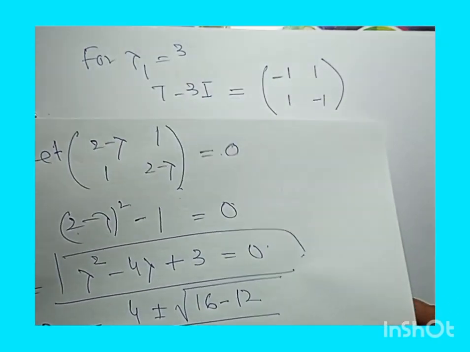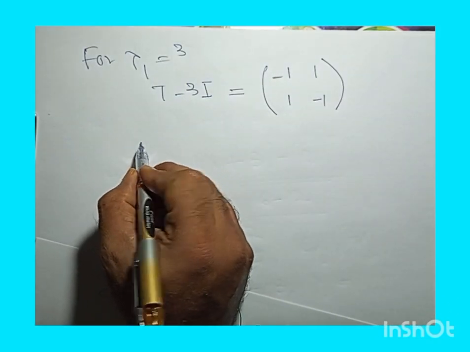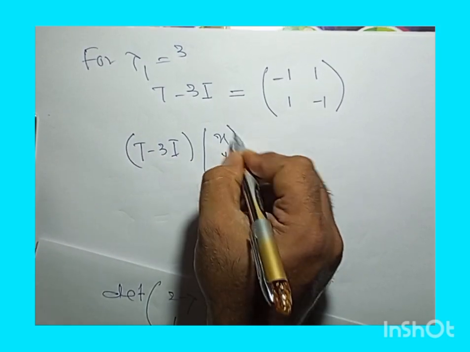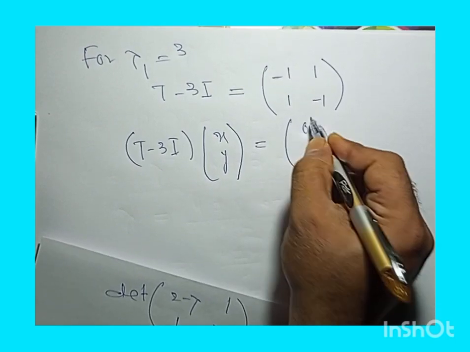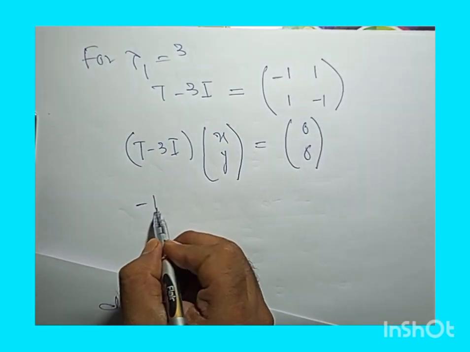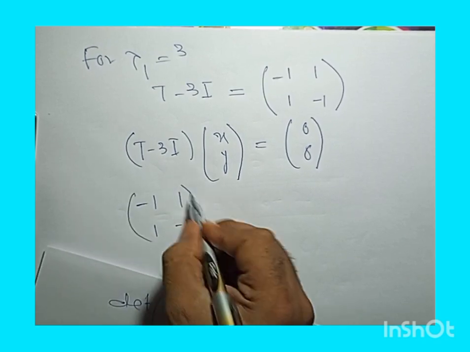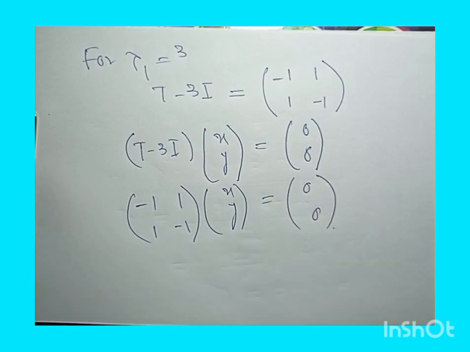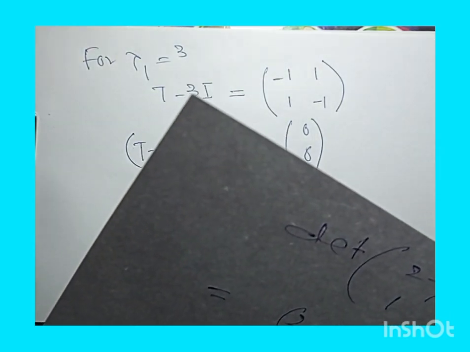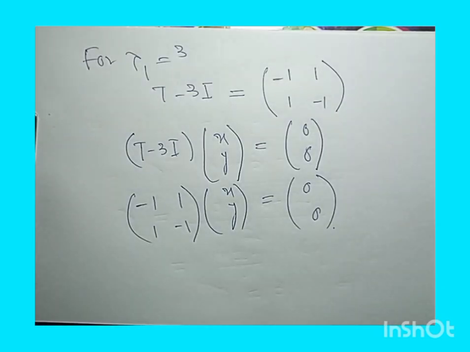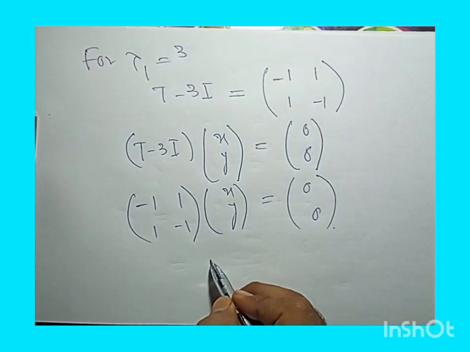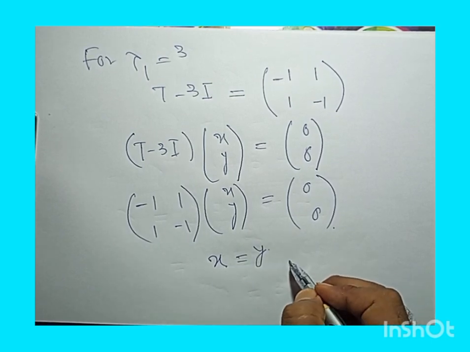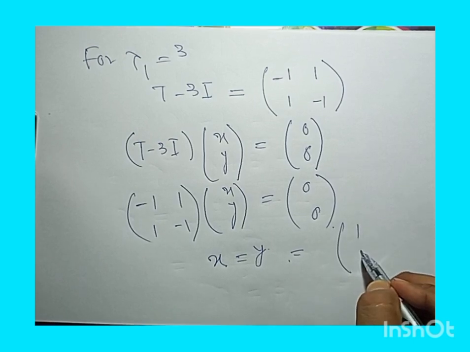I can solve it for T minus 3I times x and y equals 0, 0. So minus 1, 1, 1, minus 1 times x y equals 0, 0. That should be the case. So this will simply yield x equal to y. So our eigenvector will be a column vector of 1 and 1.